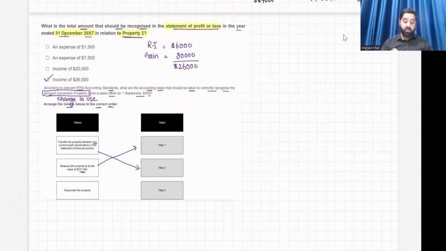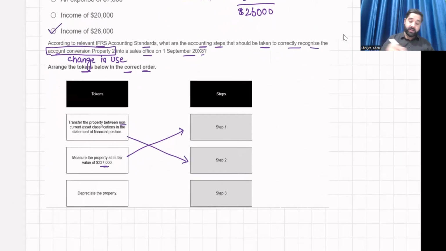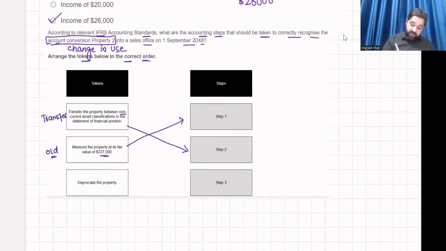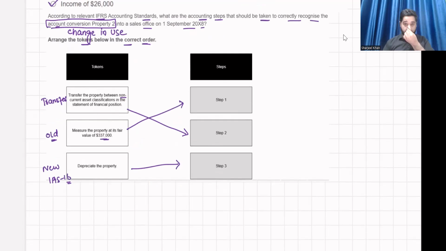So it's step number 1, old accounting standard. This is step number 2, the transfer entry. And depreciate the property should be step number 3, the new accounting standard, IAS 16. Clear to everyone?